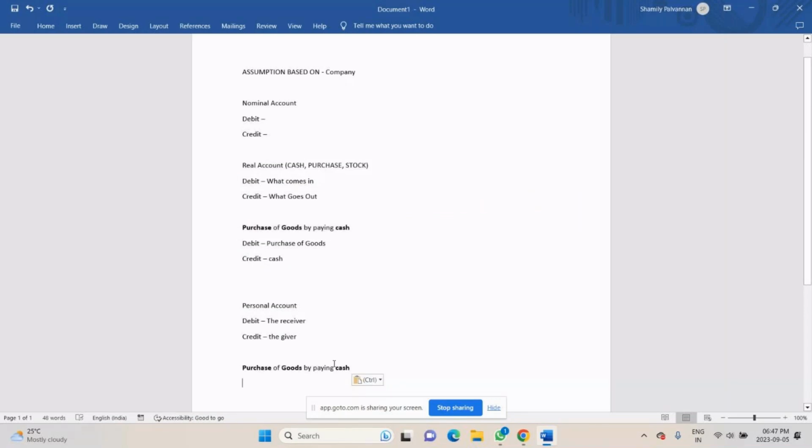So we are taking a purchase of goods from Mr. X and company. We are making a purchase from X and company. Now we have Mr. X. So with this example, when it comes to a personal account, it is a name.